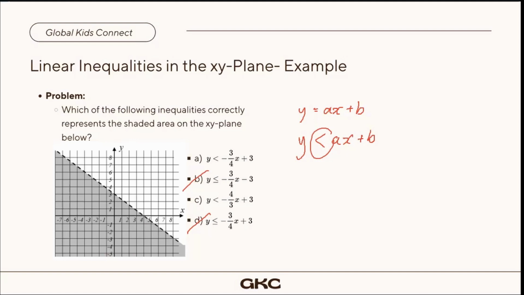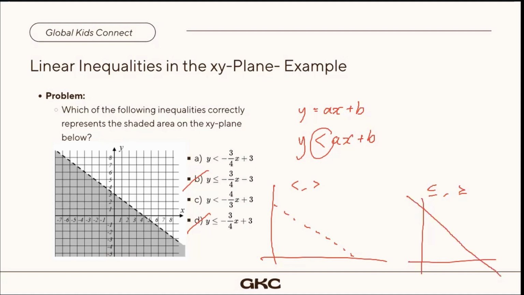Like I explained within our concept, if we have less than or greater than, it is a dashed line within our XY plane. For greater than or equal, or less than or equal, we'll have a line that is continuous, just a normal linear equation line that we are familiar with. Oh, okay, thanks. No worries.